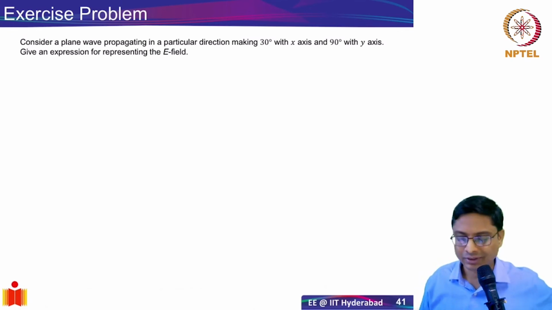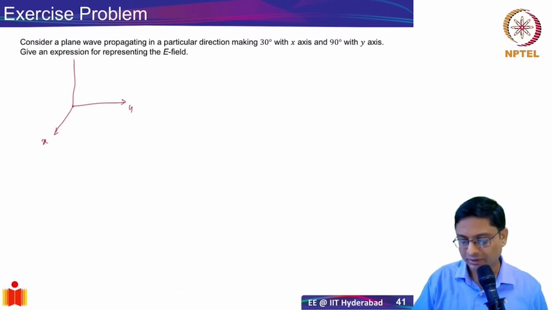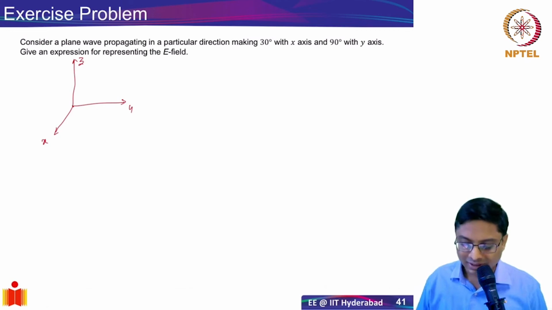in the discussion about oblique incidence. Okay. So now what we are saying is, let's say you have these three axes, x, y, and z. Now we are told that the wave is propagating in a direction that makes 30 degrees with the x-axis. So my wave is going in this direction.